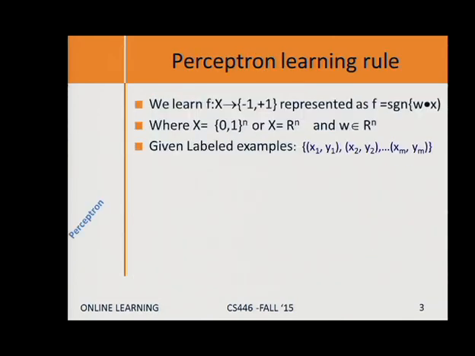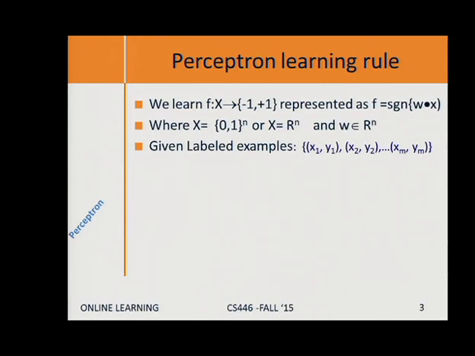Okay, so let's remind you where we are. Last time we started talking about linear learning algorithms and attempted to quantify them. Specifically, we started talking about Perceptron, which we're going to talk a lot more about today. The game we're playing is very simple.